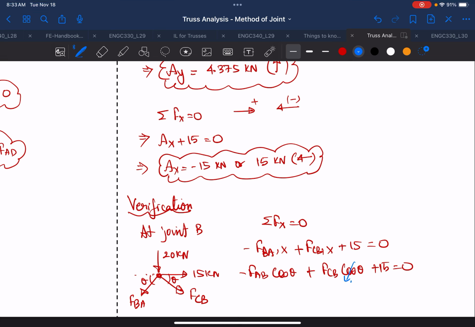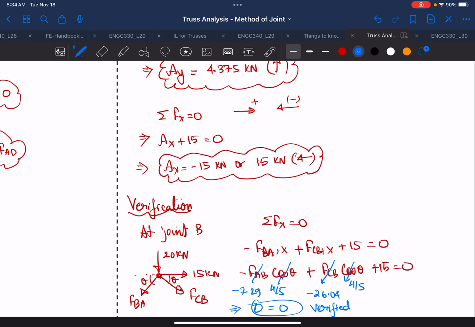And this will be 4 over 5, this will be 4 over 5. And you'll find FAB is minus 7.29 and FCB is minus 26.04. And if you add them together, you'll get 0 equal to 0, which means that it is verified.